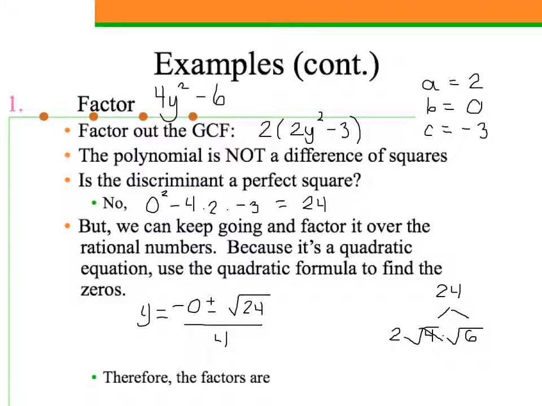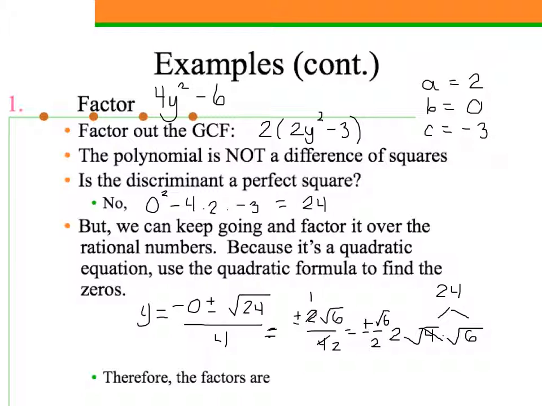So the square root of 24 simplifies to 2 square root 6. So what I now have is y equals positive and negative 2 square root 6 all over 4. That reduces. 2 over 4 is equal to 1 over 2. So I get positive and negative 1 square root 6 over 2.